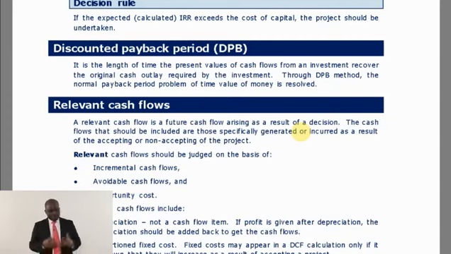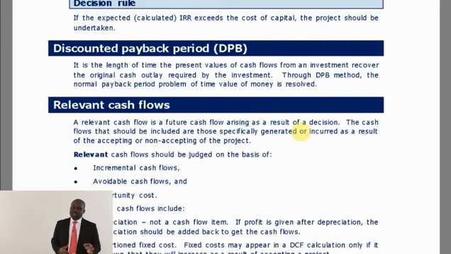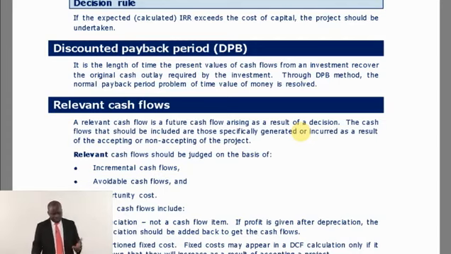As such, the discounted payback period was introduced. So discounted payback period measures the number of years the present value of the future cash flows will take to recover that particular investment.